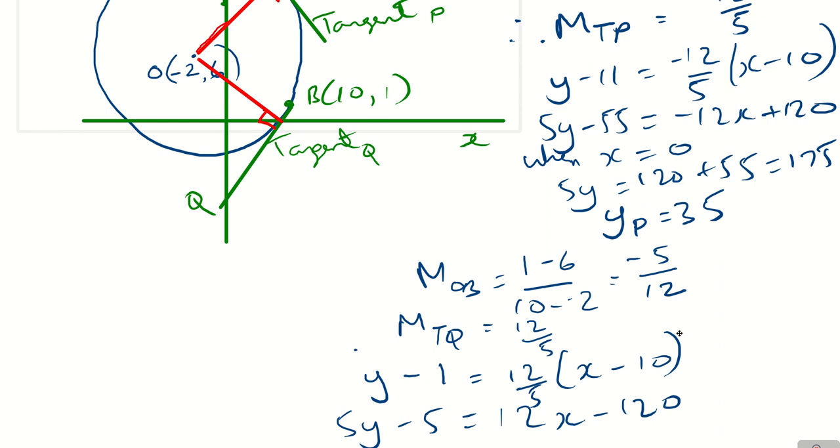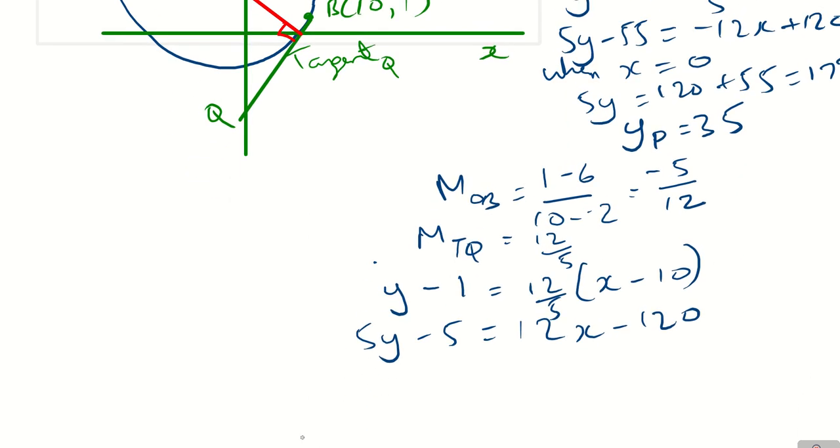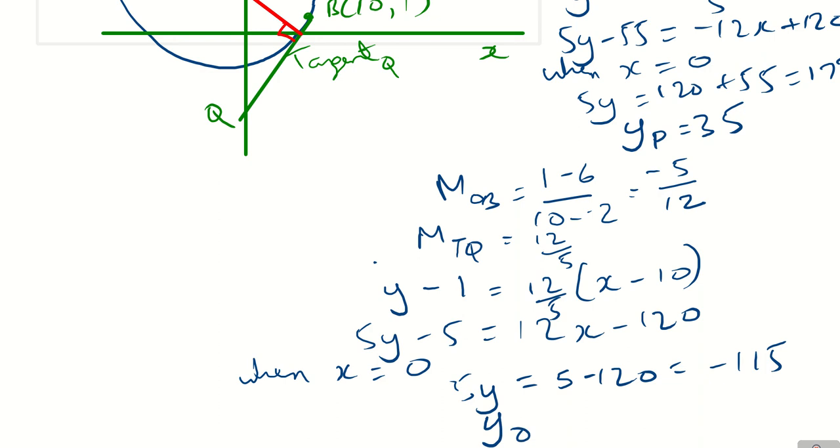When x equals 0, we're going to get 5y equals 5 minus 120, which is minus 115. So y at Q is minus 115 divided by 5, which is minus 23.